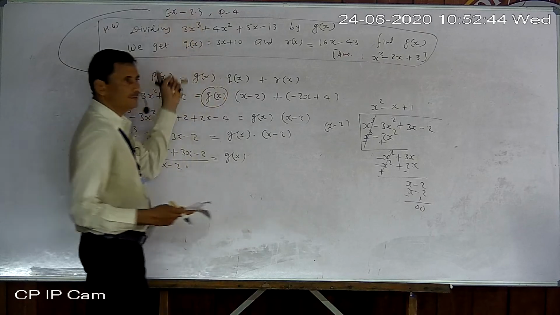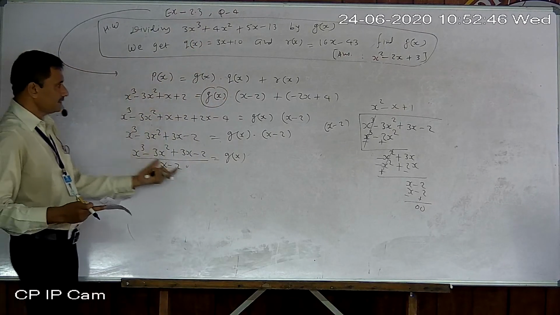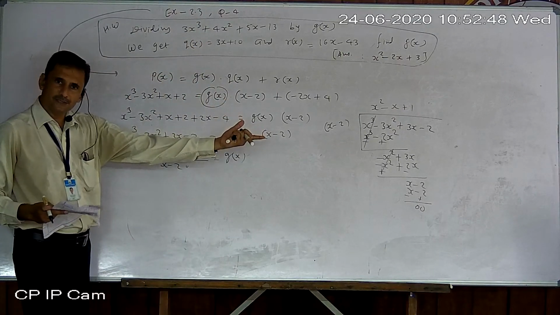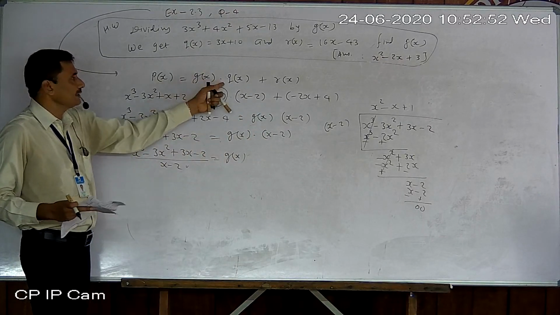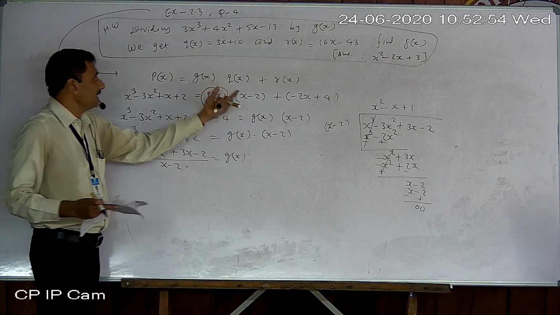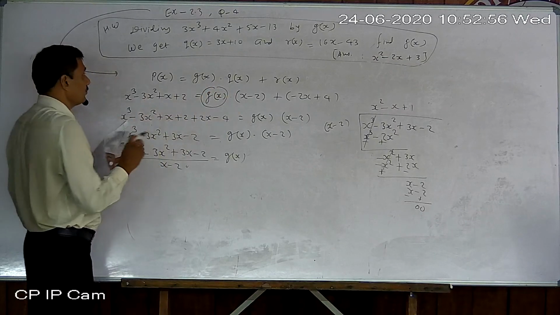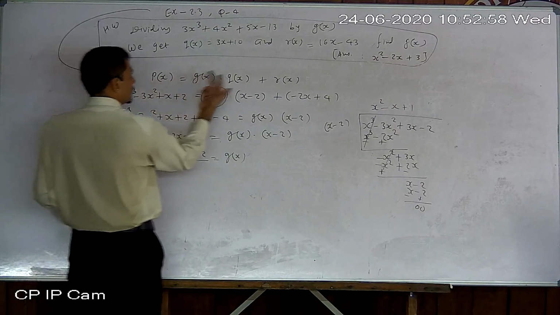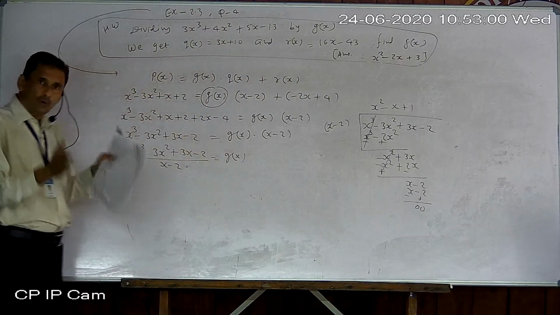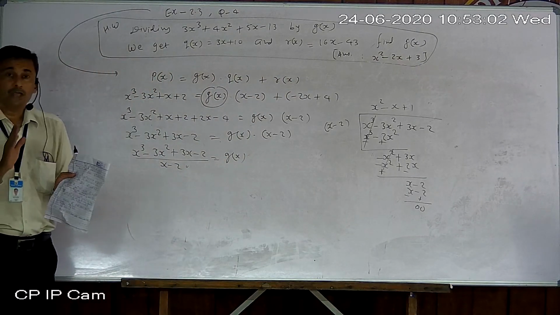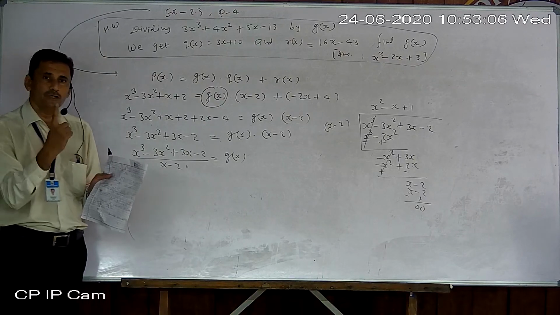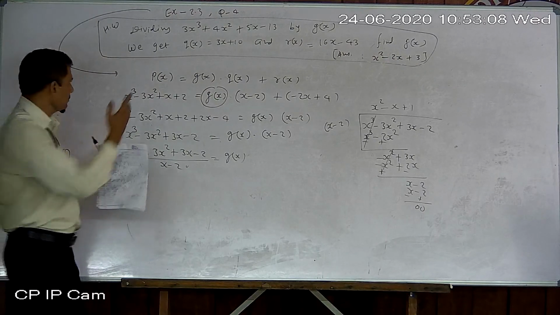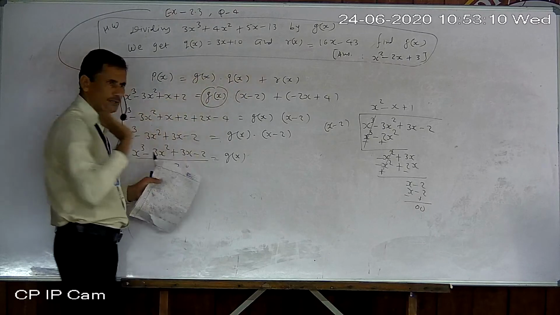So that was exercise 2.3, question number 4. Here also a division process came at last, but that is not our main part. By the division algorithm, you have to find any one missing polynomial. There are 4 things: 1, 2, 3, 4. Out of these 4 polynomials, if any 3 are given, then you can find the one which is missing. Not only p of x, you can find any one.